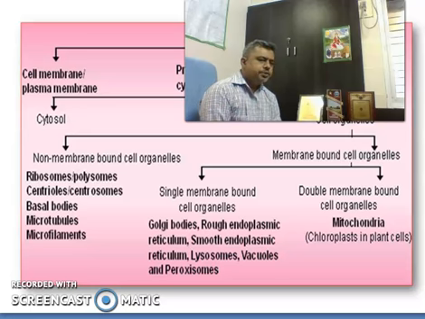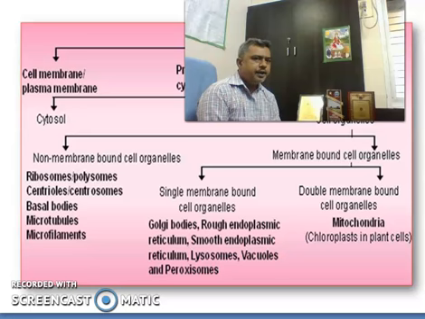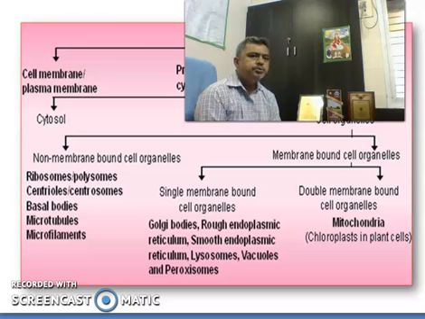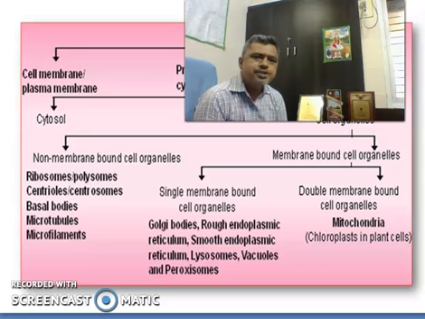Now you are in a dilemma: how many double membrane bound cell organelles are in the cells? Only two, mitochondria and chloroplast.